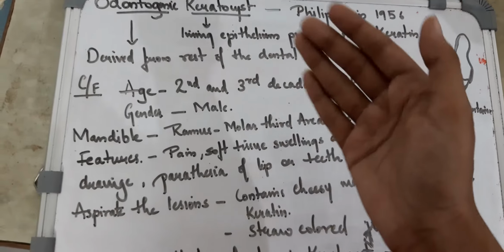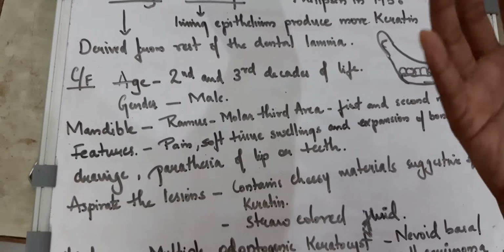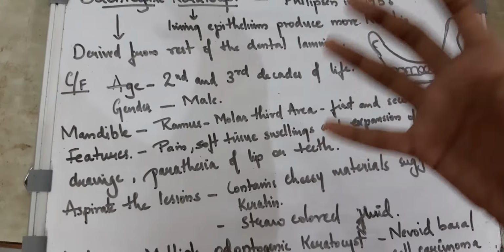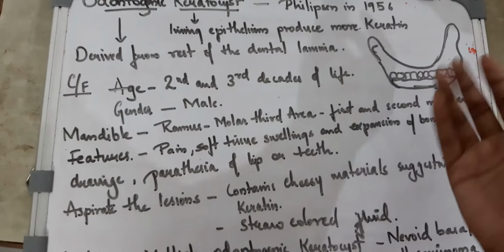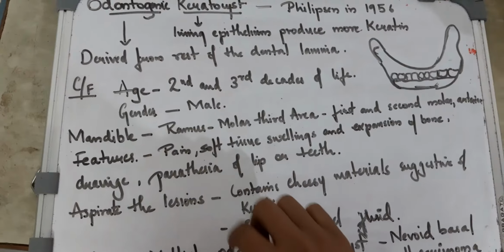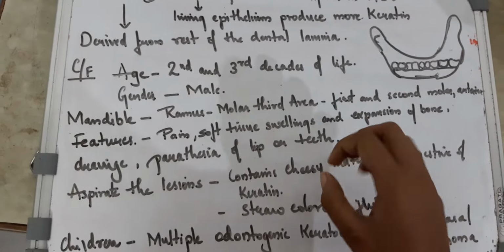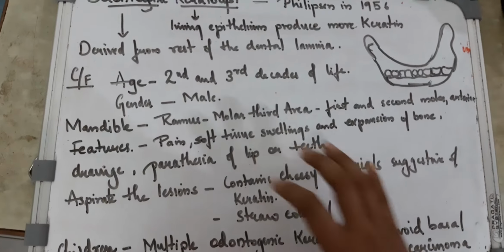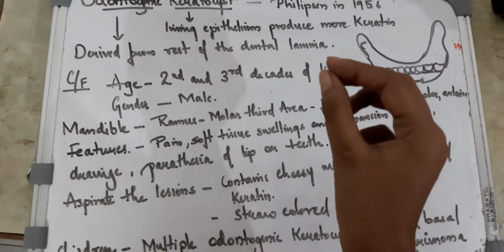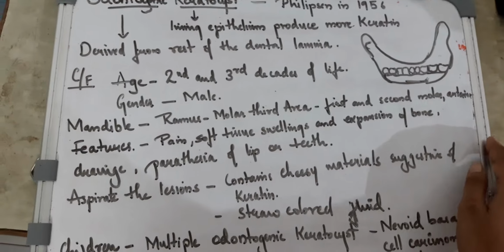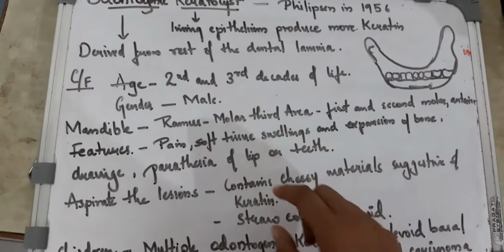Each cyst has different conditions. Some may have swelling, some may not, and pain also differs. So what are the features of the cyst, and if we aspirate the lesion, what will happen, and in which cases they occur. I have given some small subheadings, so it's a better way to remember the things.